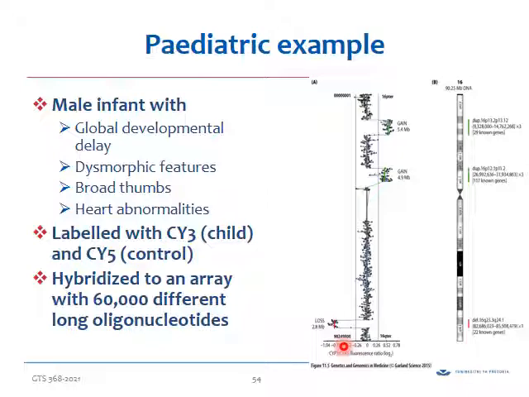The red and the green lines mark the limits for the normal. You can see the red and the green lines. The red bar on the left here marks a deletion, and the green bar on the right, duplications.